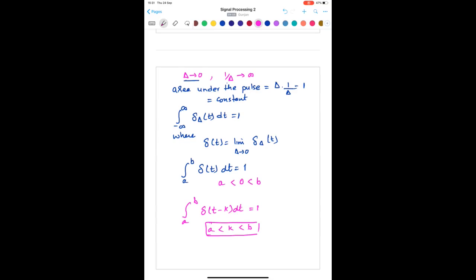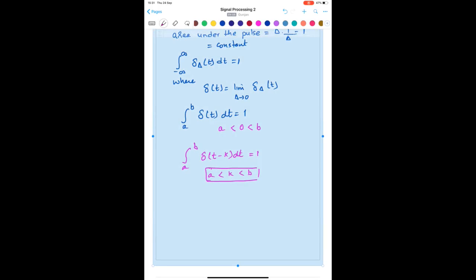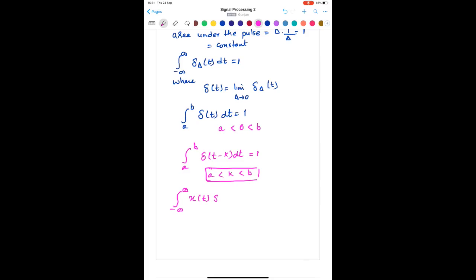There are certain rules which this impulse function follows. If you multiply it with any other function, let's say x t, then the result is equal to x of 0. Why?